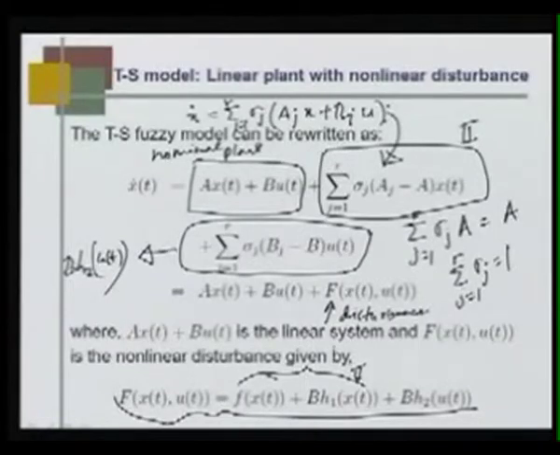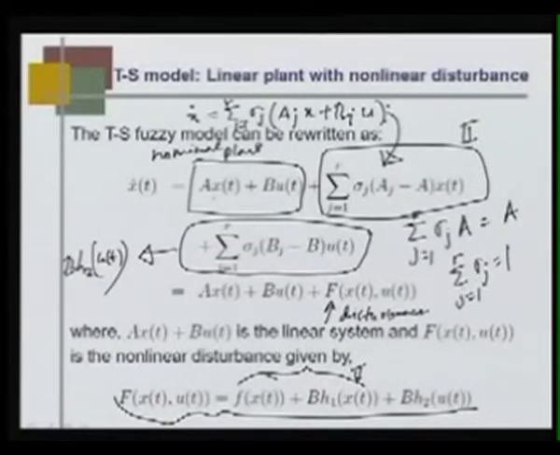So, I wish that you understood what we are trying to do. My original plant was given by this particular thing, x dot is sigma j a j x plus b j u. I am representing this same dynamics as this, there is no difference between this and this, and then I am representing this whole thing as a x t plus b u t.